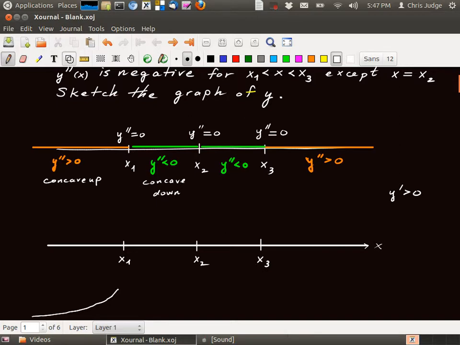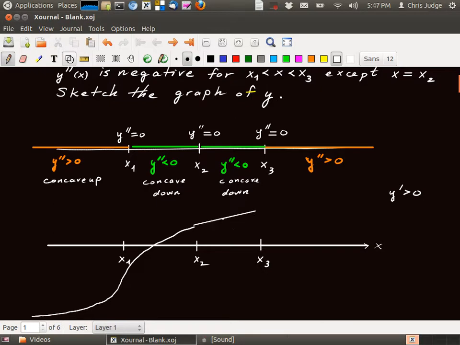So we're concave up, and then we have to start turning down. We get to x2, and then we're still turning down because between x2 and x3, we're still concave down because the second derivative is negative. So we continue to turn down.